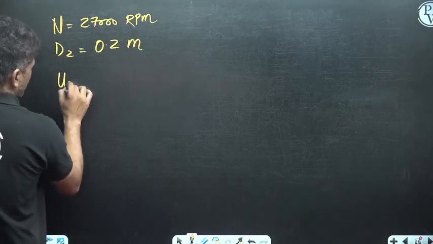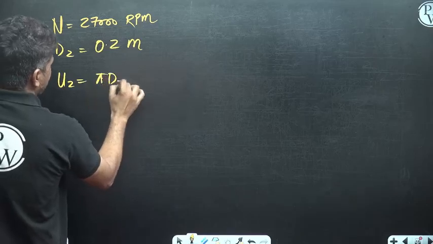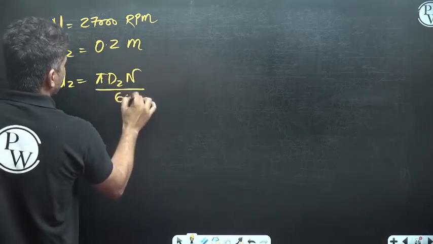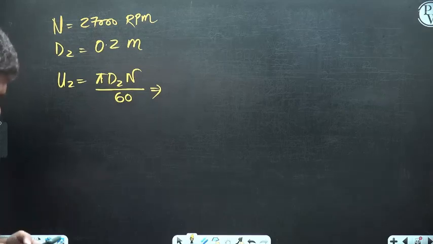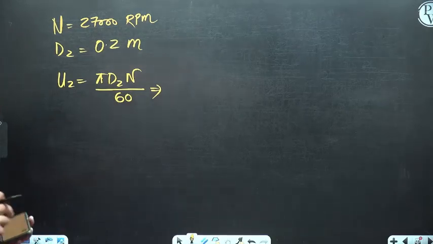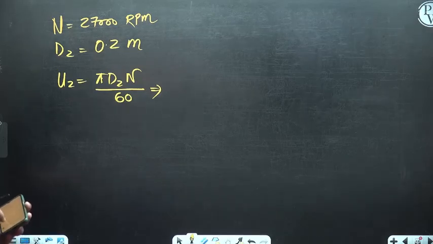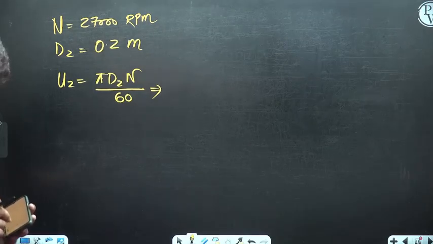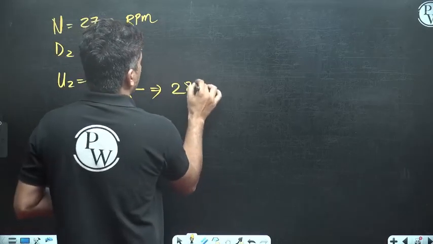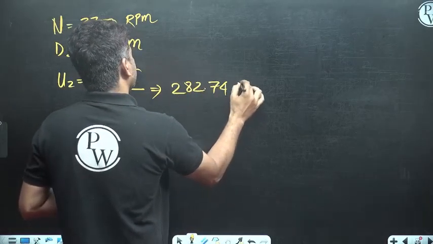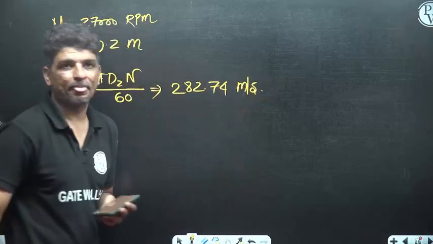U2 can be calculated as pi D2N divided by 60. It will be pi multiplied by 0.2 multiplied by 27,000 divided by 60. That comes out to be 282.74 meter per second. Understood?